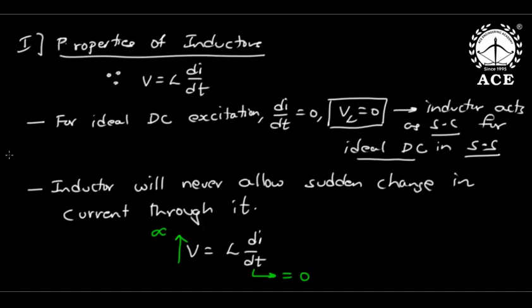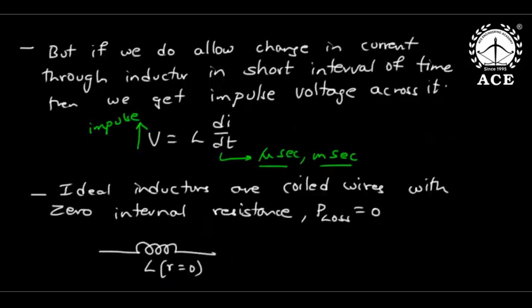First of all, Ohm's law for an inductor is V is L dI by dt. From that Ohm's law only I will explain everything. For ideal DC, the inductor is a short, and an inductor will never allow sudden change in current in zero time, because allowing that is a violation of the law of conservation of energy. But if you allow a sudden change in current in a short interval of time, you get impulse voltage.